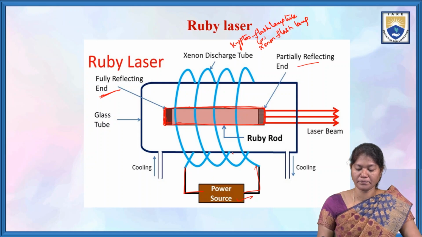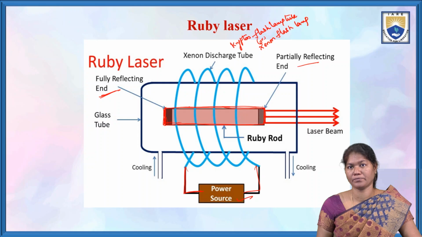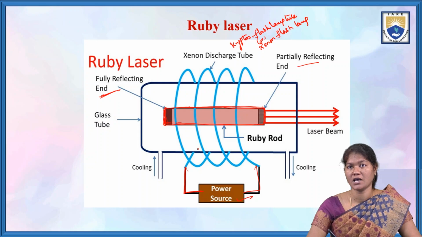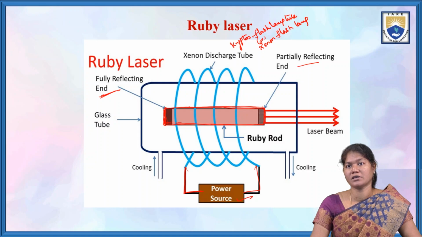So here, when we give some power source, then through the xenon flash lamp tube, it gives intense pulses. Because of that, the optical pumping mechanism takes place. Through those pulses, the chromium ions in the rod get excited and jump to the higher energy levels.